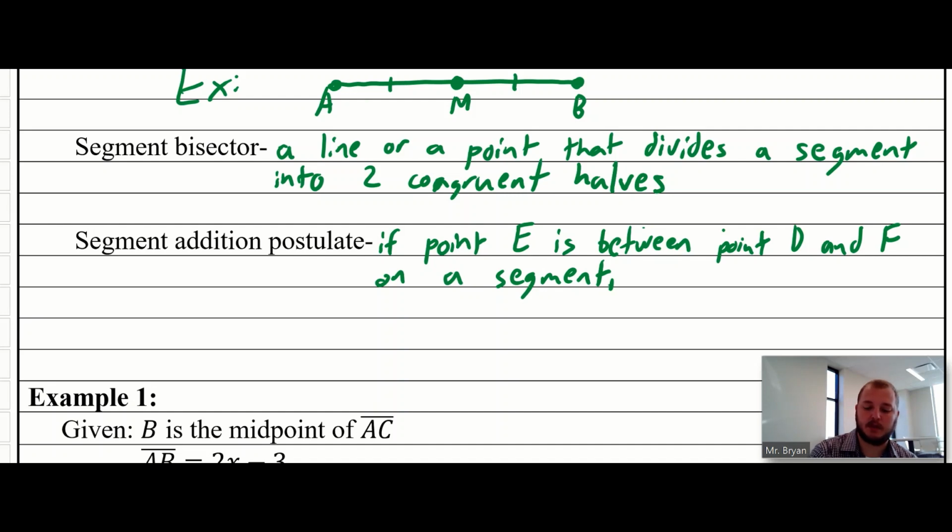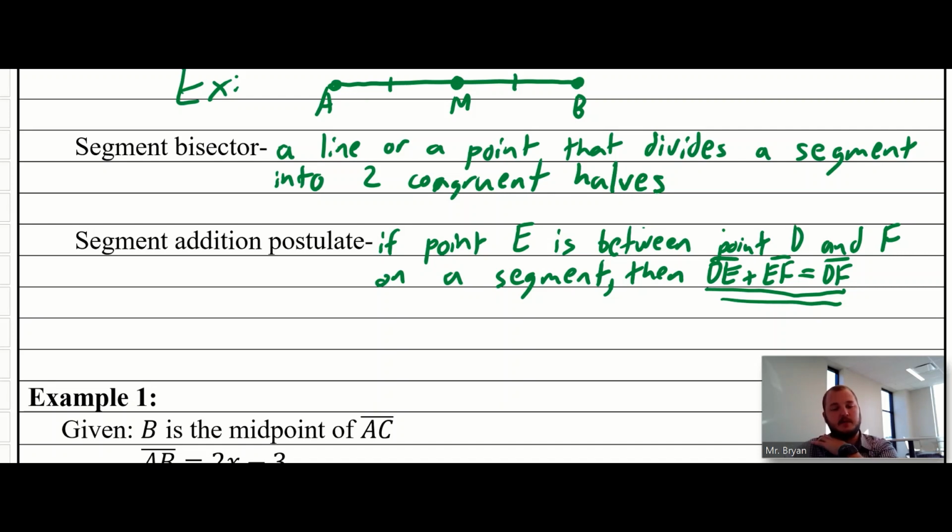Okay, so if I have one line segment here, or one line, and E is between the two, then our equation, or what that can look like, is we know the piece plus the piece is always going to equal the whole thing. So DE plus segment EF is going to equal segment DF here. Okay? Again, using more of geometry wording to show what that equation is going to look like. Then DE plus EF equals DF, excuse me.